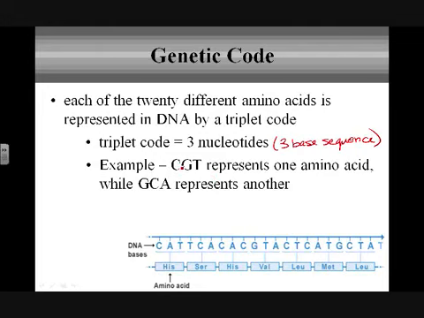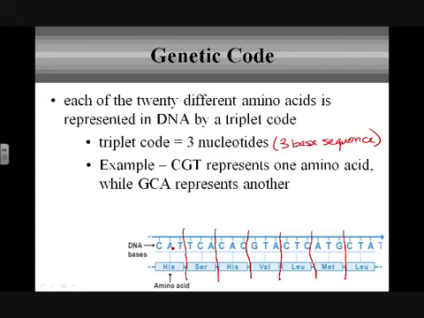So CGT would represent one amino acid, but GCA would represent another. As we can see here, if we split our DNA sequence into groups of 3, each triplet is responsible for one amino acid, and those abbreviations are for the amino acid names.